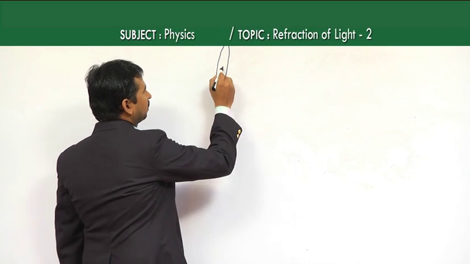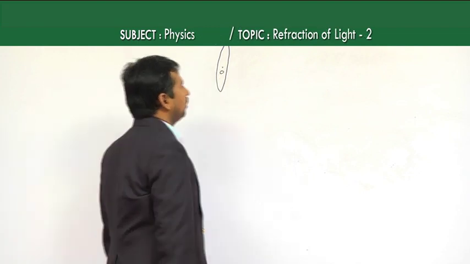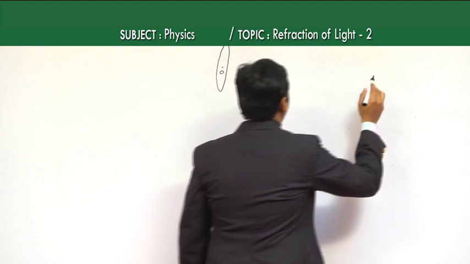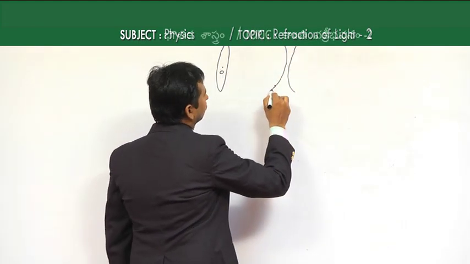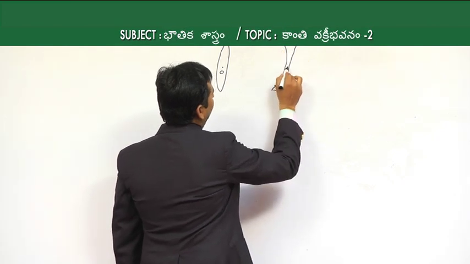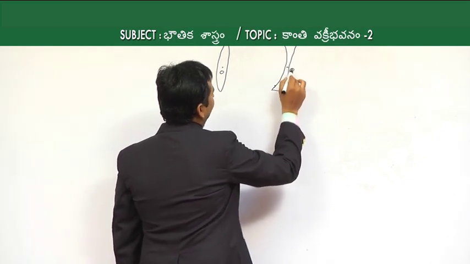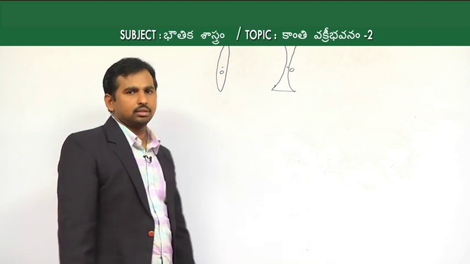This point is called O. Or if you are taking a double concave, this point is called O, the optic center.